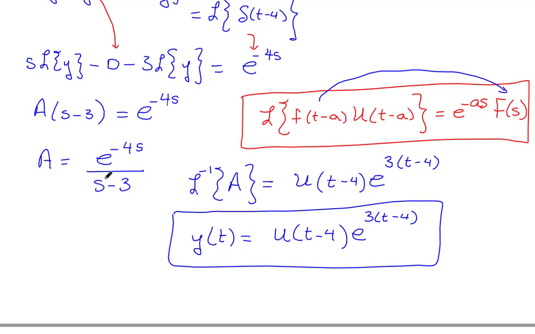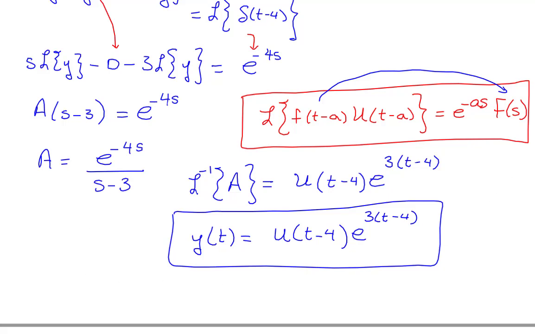From the 1 over s minus 3, that would be e to the 3t, but it's delayed by this t minus a, in our case t minus 4, and that's our solution to our differential equation.